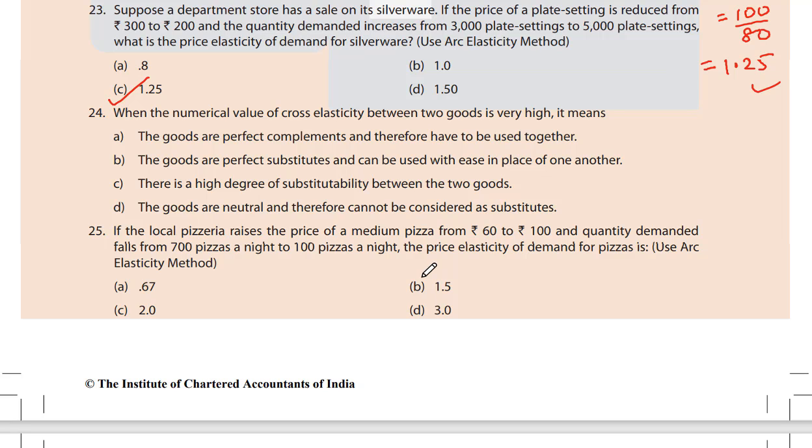So the answer is C, there is a high degree of substitutability between the two goods. Obviously, when the numerical value of the cross elasticity of demand between the two goods is very high, this means that there is a high degree of substitutability between the two goods.